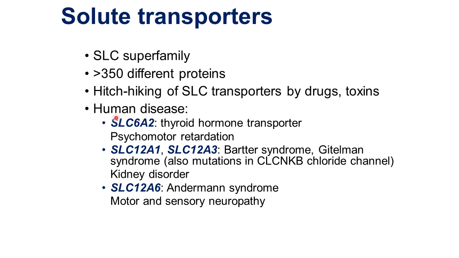For instance, a mutation in this thyroid hormone transporter can lead to a varying degree of psychomotor retardation, speech and movement problems. Mutations in these transport proteins are associated with Bartter syndrome and Gitelman syndrome. These are syndromes that are essentially kidney disorders, which can also arise from a mutation in a chloride channel.